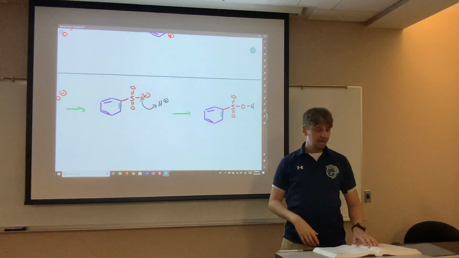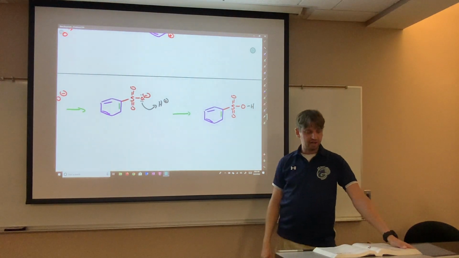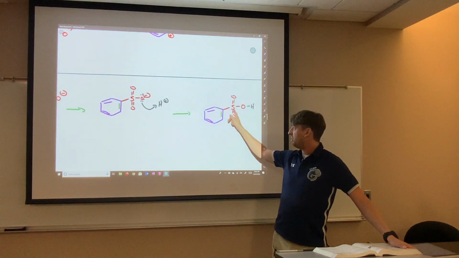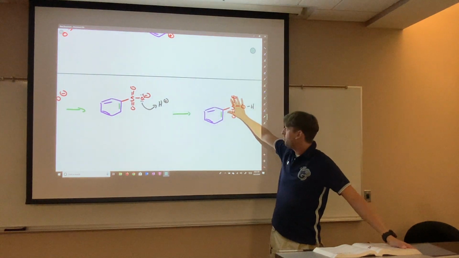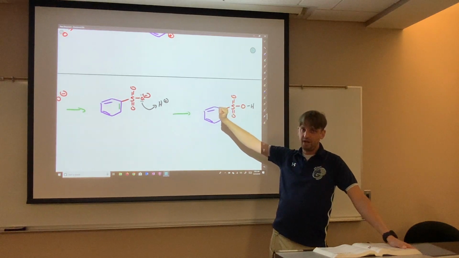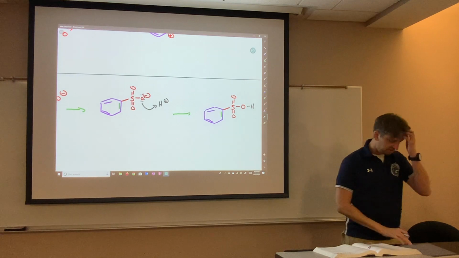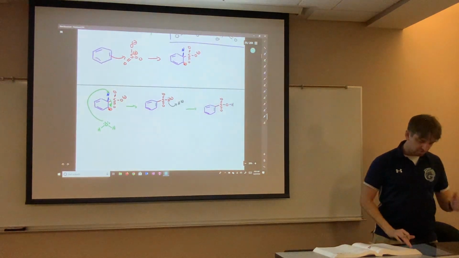On page 796, the book gives us the answer. It talks about making this and then getting rid of this group. How do we get rid of it? It's actually pretty easy. There are two ways to do it.